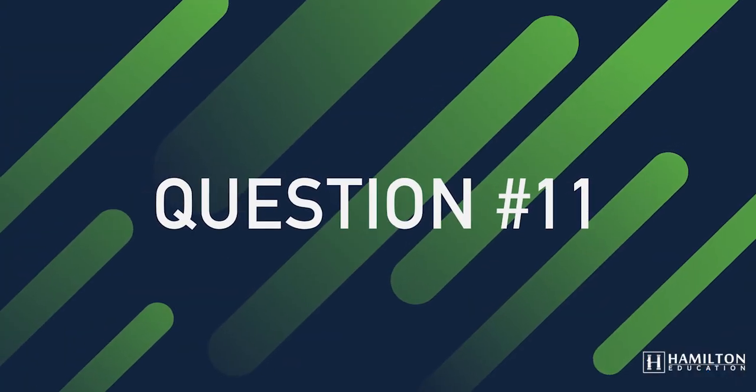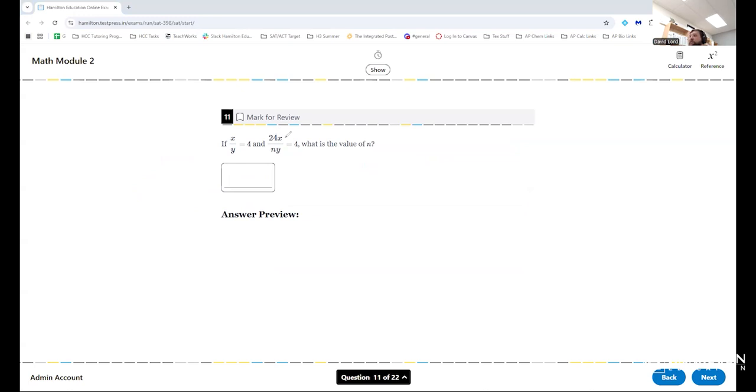Question 11. If x over y equals 4, then 24x over ny is equal to 4. What's the value of n? So this is trying to be complicated and over confuse you, but what you want to do is break it apart. Let's rewrite this fraction as 24 over n times x over y is equal to 4. And now we have x over y is equal to 4, we can do a substitution.